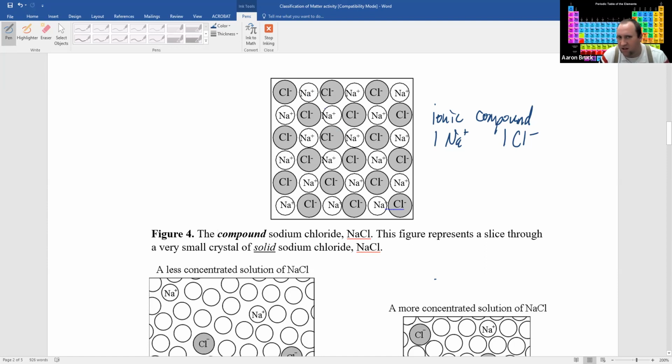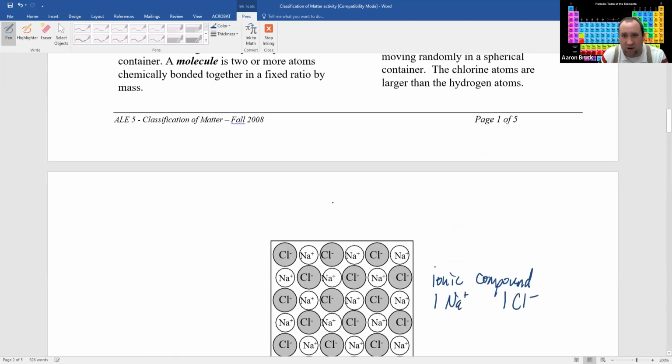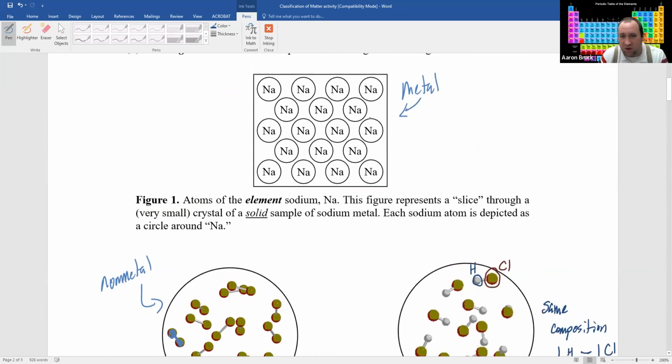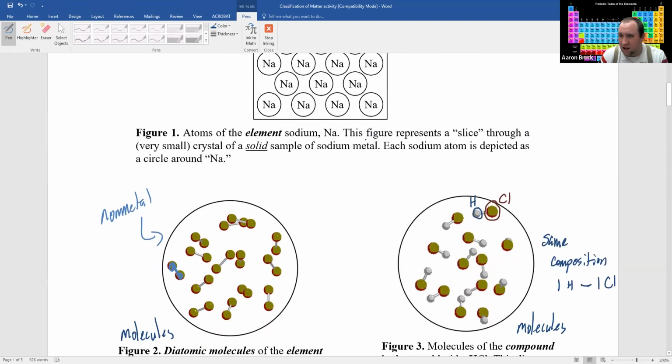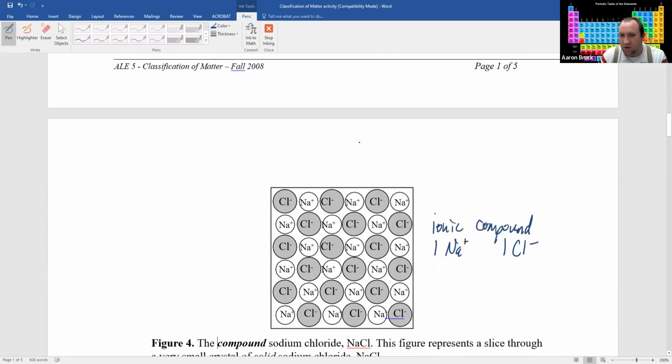The difference is, notice here, we don't really have molecules. We have something similar to what we saw in the metal sample, where we've got this arrangement of atoms that are associated with each other, but not really chemically bonded to each other.